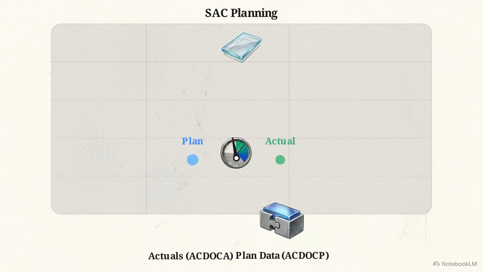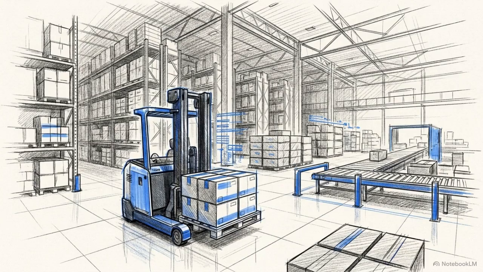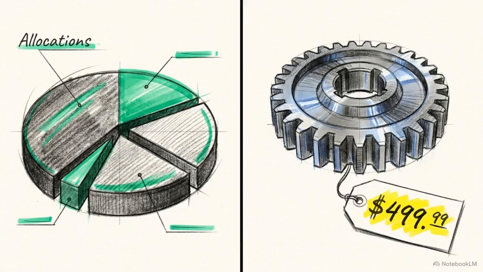This gauge represents the immediate comparison of actuals to plan data, executed directly within S/4HANA Embedded Analytics using the exact same GL structures. Additionally, the budget sitting in ACDOCP is immediately available to downstream ERP financial processes. The system can pull from this data for cost center allocations and standard cost derivation.